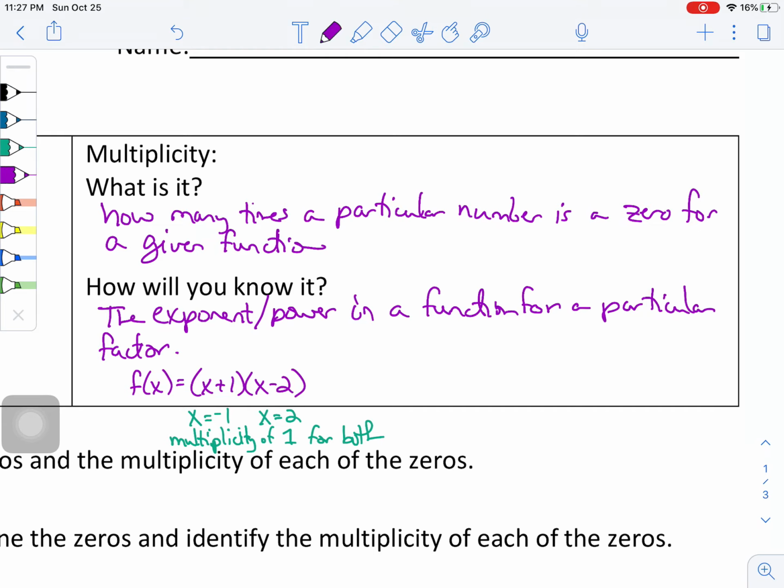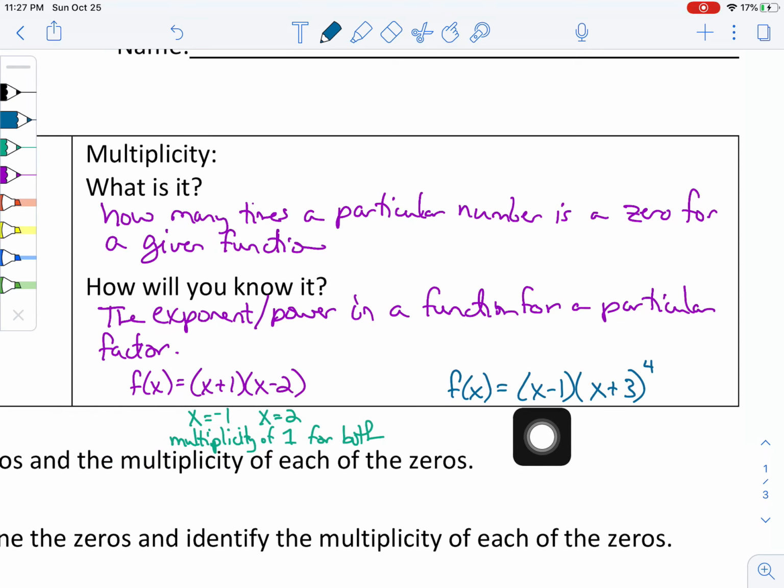Now let's change things. Let's say instead we have f of x is equal to x minus 1 times x plus 3 to the 4th power. So this factor, x minus 1, would give me the zero of x equals positive 1. This factor shows up once, so x equals 1 has multiplicity of 1.